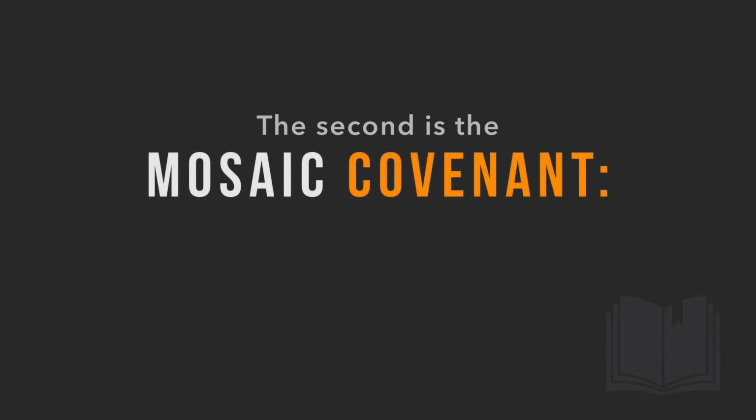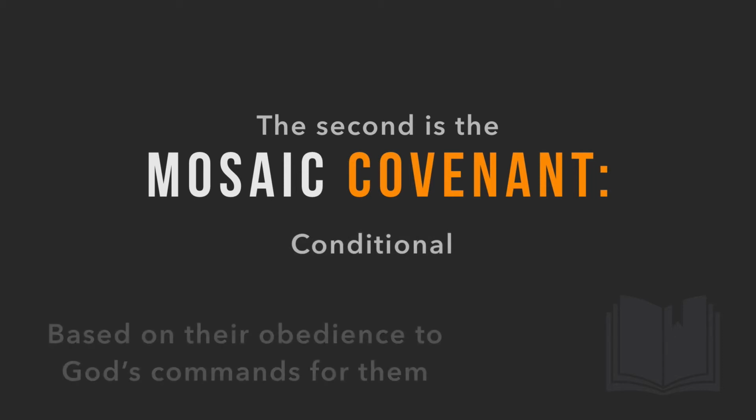The second covenant is, which one? You know it. It's the Mosaic Covenant. Now, is this one conditional or unconditional? This one is conditional. This is important, right? Because the Mosaic Covenant was based on their being the children of Israel, or the Jews, and their obedience to God's command for them.